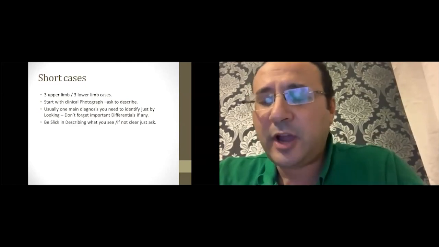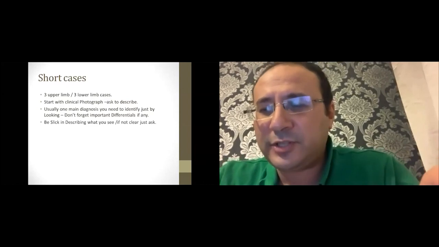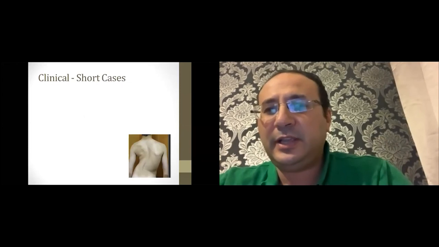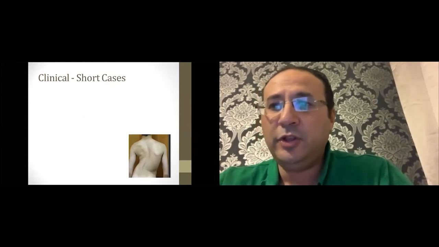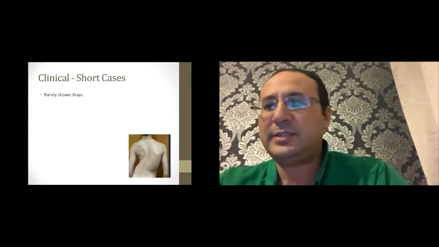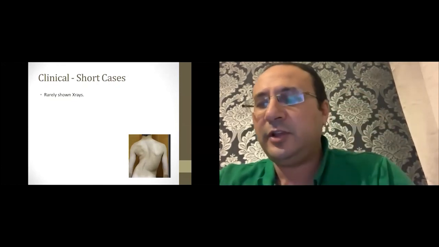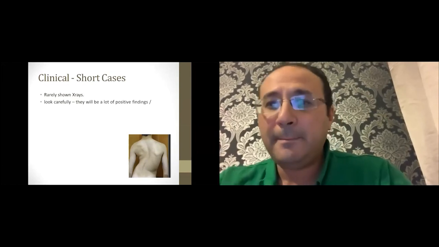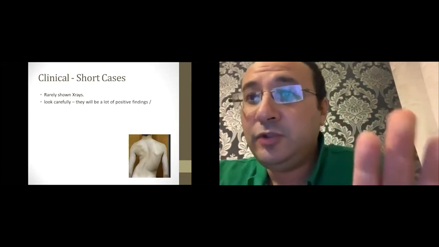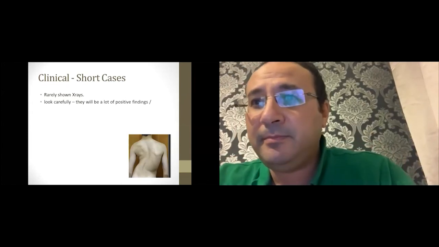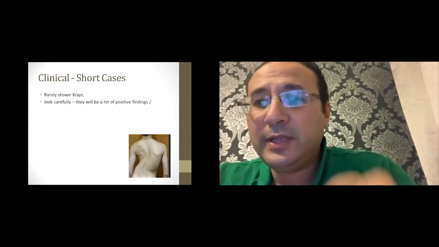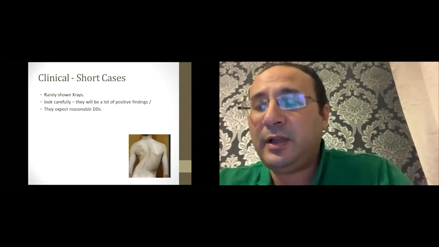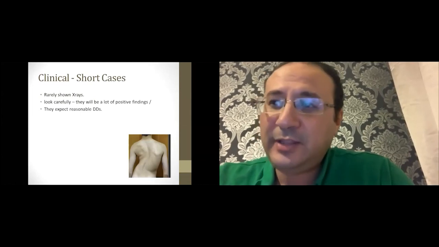Be slick in describing, because you're not marked for just describing what you see. It's just the look. So this is a clinical photograph of scoliosis, and then you start mentioning the shoulder, the waistlines, the pelvic obliquity. This is the main point, you have to say any positive and any negative points, any associated conditions.